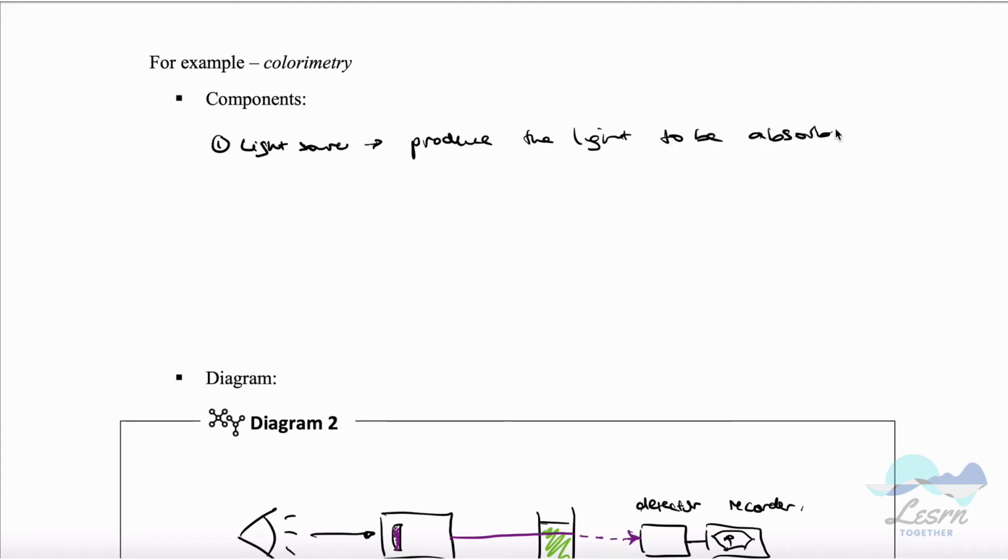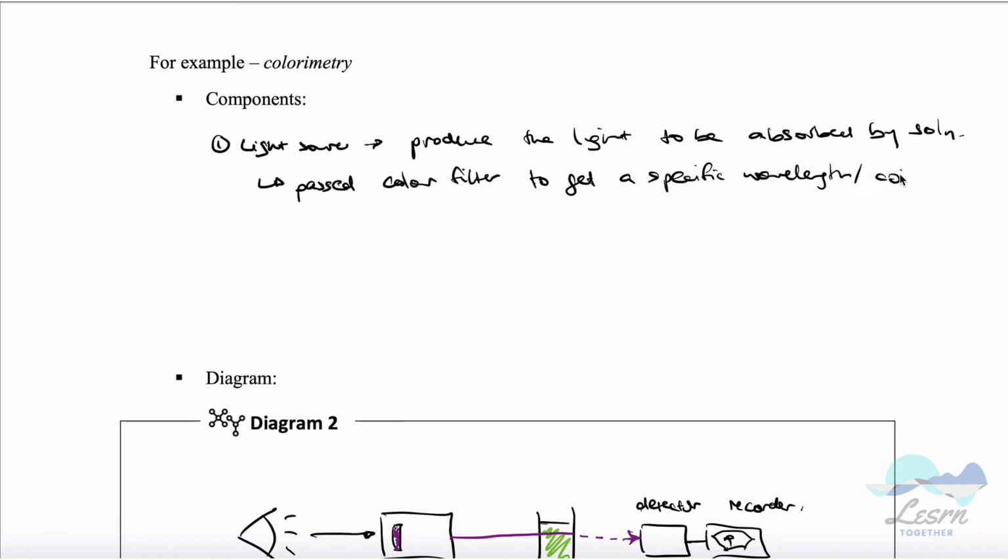And then we pass that through a color filter, right, to get a specific wavelength or color of light, okay? Because when we have a light source, it's generally white light. It's going to have all the different colors mixed in together. So we pass it through a color filter to get a specific wavelength, or what we see as a specific color of light, okay?